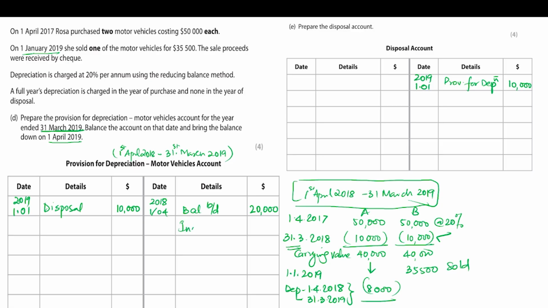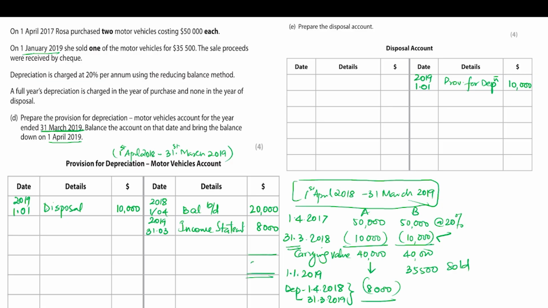We will say income statement 8,000. What is the year? It should be the end of this year, so we'll say 2019, 31st March, and those are the entries here. So we'll total it up.